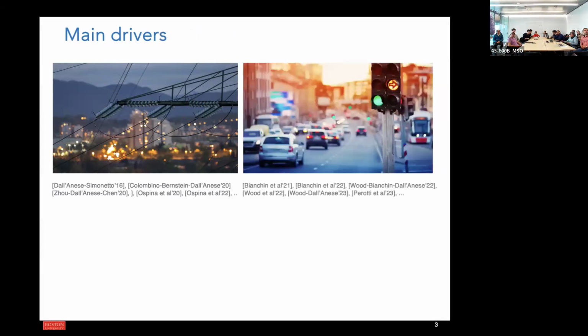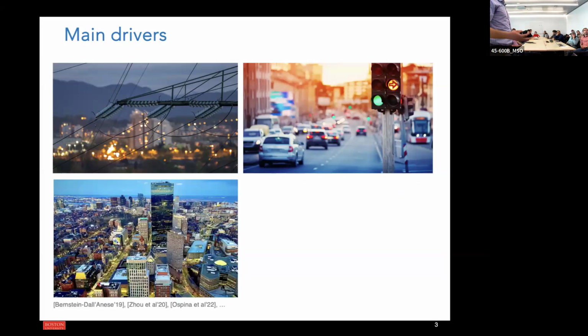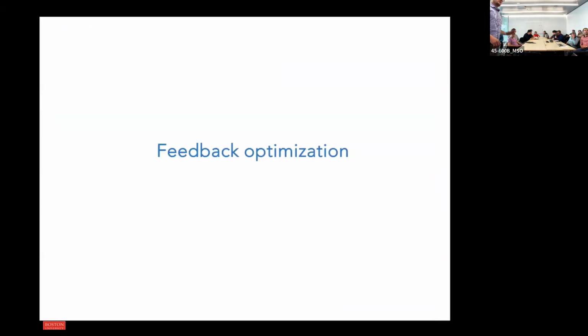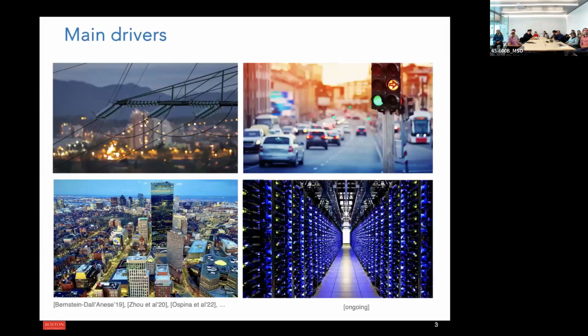But these tools can also be applied to several other infrastructures, including transportation systems, EVs, intelligent buildings or smart cities. And recently, we also started looking at problems related to data centers and how data center flexibility can help provide services to the power grid at various timescales. So let's dive into the main topic.